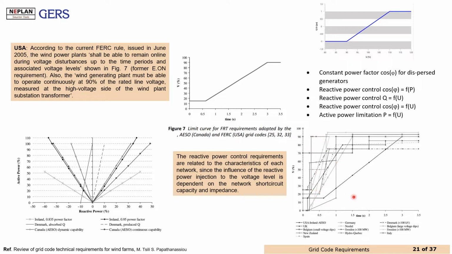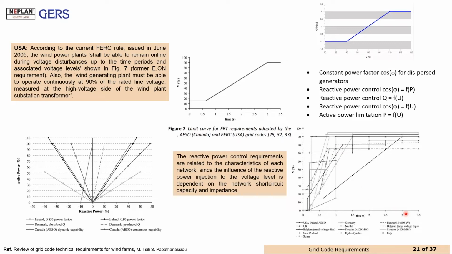We have here a comparison between the different specifications. In this case, this comparison is for the fault ride-through. And we can see this is the curve used for the US, but we have here also the specifications for the context in Germany, for the context in Italy, and for the context, for example, in Hydro-Quebec. And one question is why they are different.